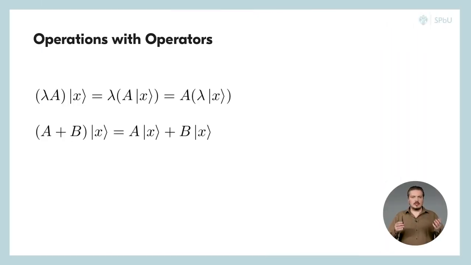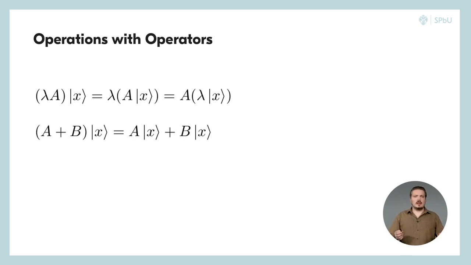We start with the notion of a linear vector space. For linear operators to form a vector space, we must properly define two operations: multiplication by scalar and addition. Here on this slide you can see the definition of these two operations. The capital letters denote operators, while little letters denote scalars.